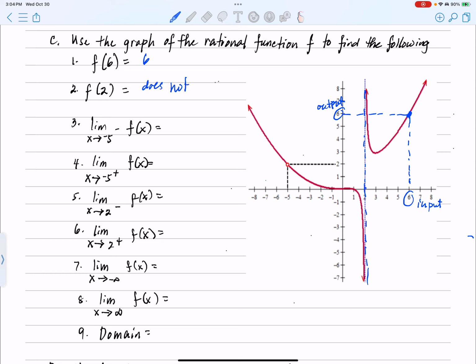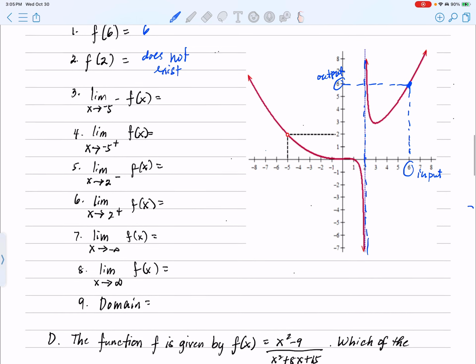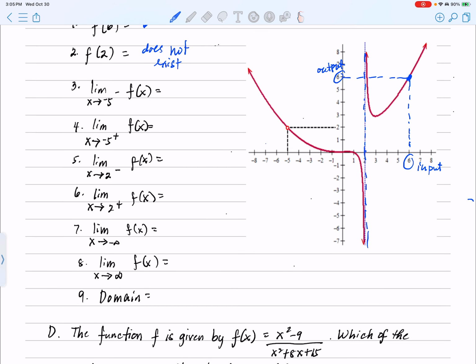Right? Okay. This is limit x, and then there is from right and from left notation there. From right, and from left.